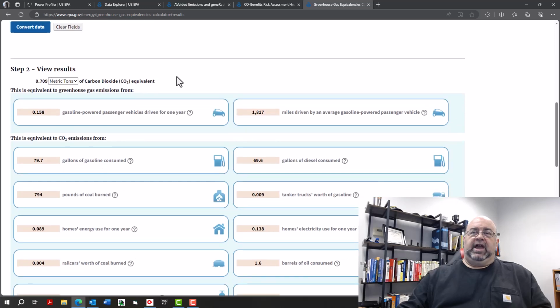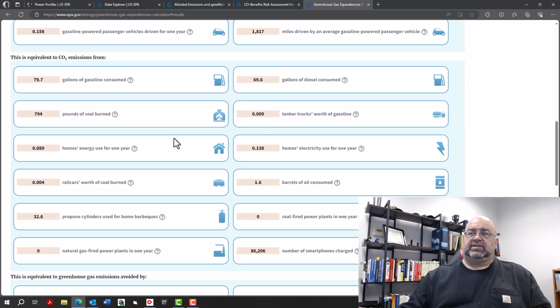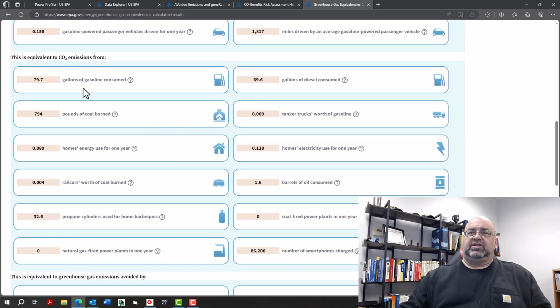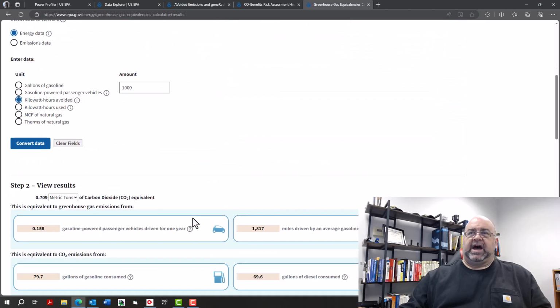And then here are equivalencies of what that's done for us. So if I just reduce by 1,000 and I reduce it by 0.709 metric tons, that reduces 1,800 miles of a gasoline car, 80 gallons of gasoline, things like that. These are things that I can use to show the impact.